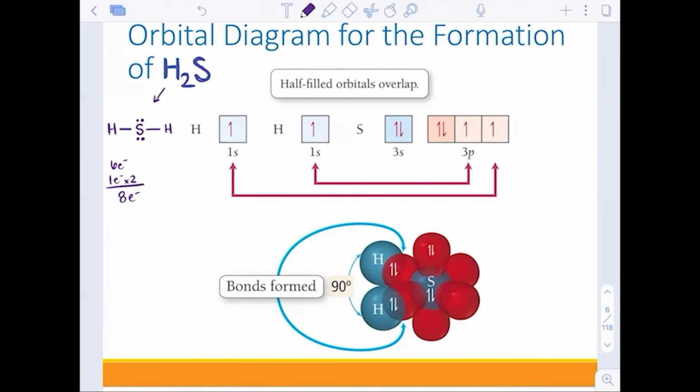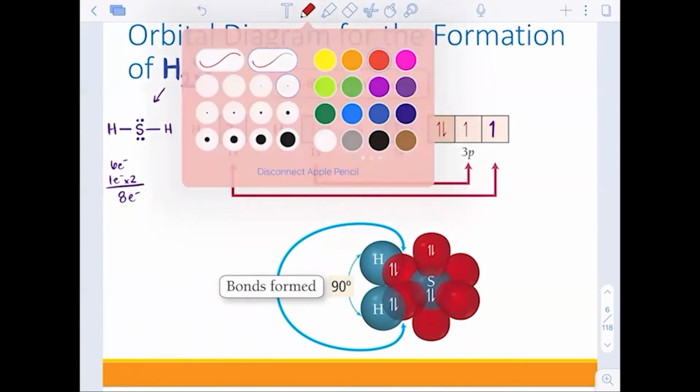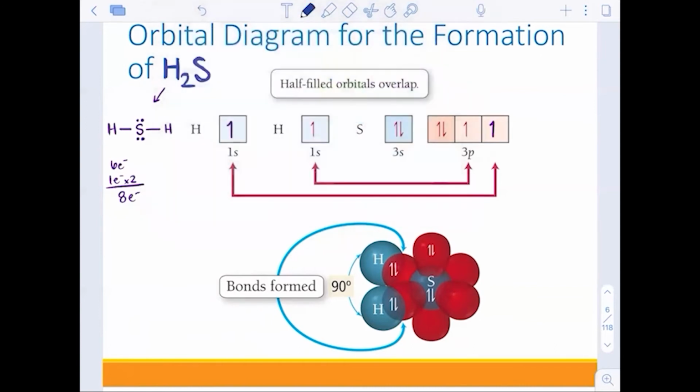Now, what we can see here is that the 1 electron from hydrogen is going to be paired up with one of the unpaired valence electrons from sulfur. The same thing will go for the other hydrogen. Sulfur has 2 unpaired electrons in p orbitals.